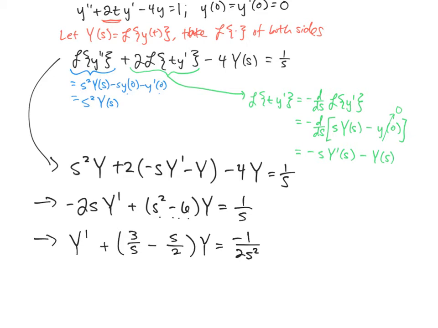What we're left with is a new differential equation in capital Y, but fortunately this is a first order differential equation, and it's linear and we know how to solve it.